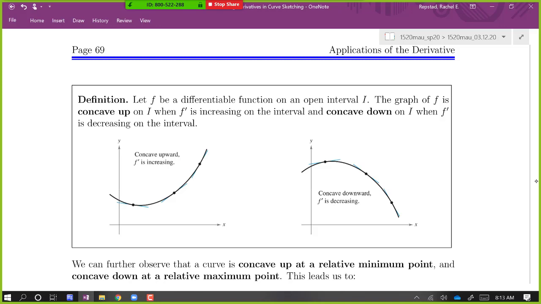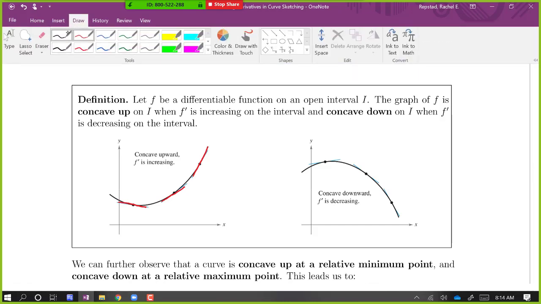If we look at this concave up shape on the left, you can see that there are a few tangent line segments that have been drawn. So look at what's happening to the slopes of these tangent lines. Here's a slope that's a little bit negative, then the slope is positive, then the slope is more positive, steeper. What is happening to the first derivative?